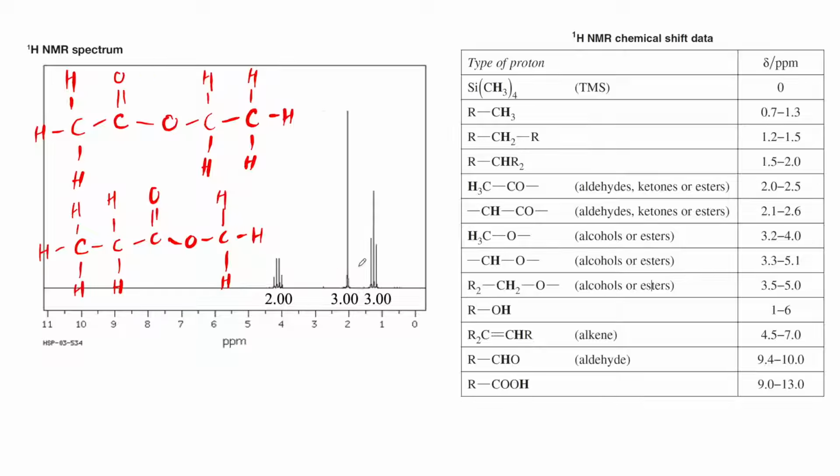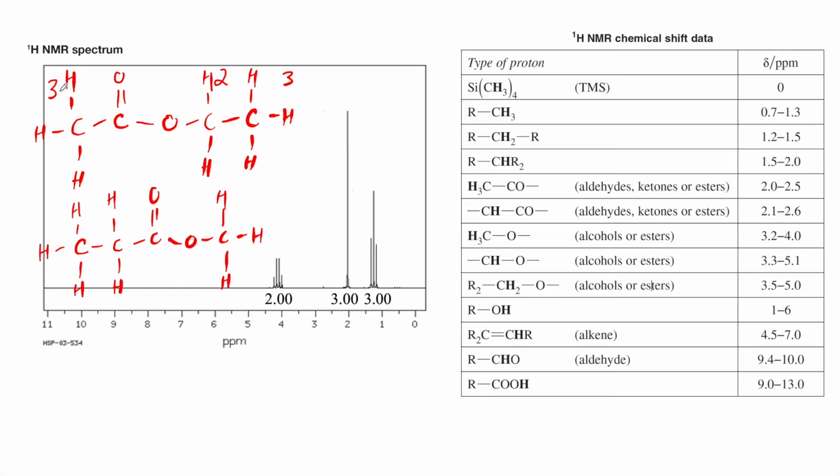Once you've looked at the number of signals in the proton NMR spectrum, it's time to look at the relative intensity under each signal. The numbers underneath each signal represent a relative number of protons in each chemical environment. If we take a look at the first ester molecule, there are 3 protons in the first carbon on the right hand side, 2 protons in the second chemical environment, and again 3 protons in the last and the third chemical environment.